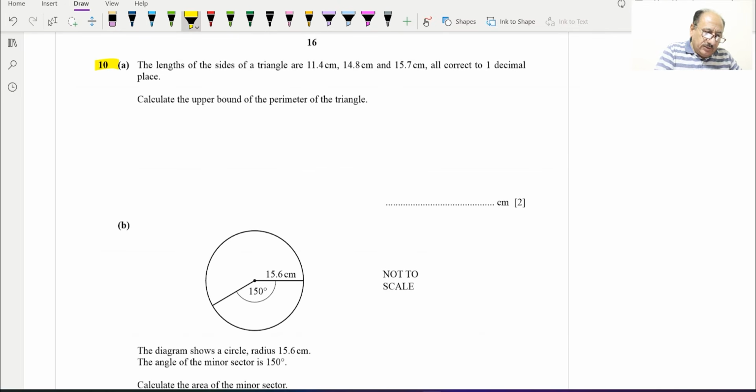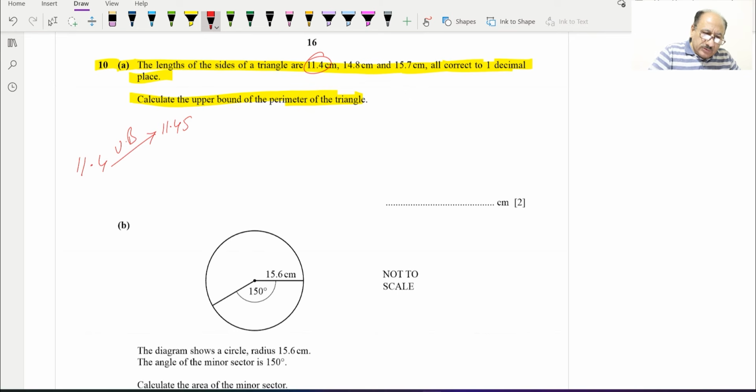Question number 10, A part: the lengths of the sides of a triangle are given, all correct to one decimal place. Calculate the upper bound of the perimeter of the triangle. So these are lower bound, upper bound questions. 11.4 is the first measurement, and the upper bound we can take as 11.45.